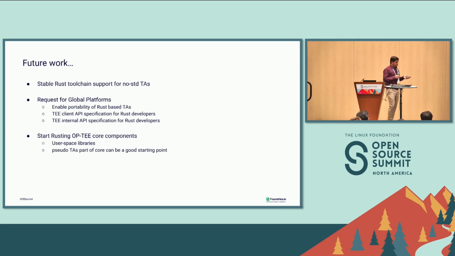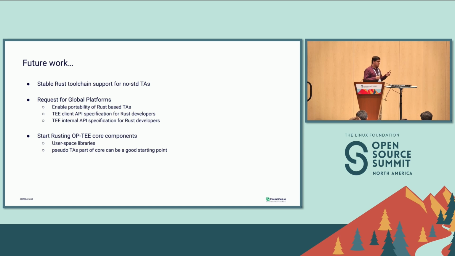Now, first of all, we have the future work, and there is a lot to do on the Rust side with OP-TEE. We have just started, I would say. First of all, there should be stable toolchain support for trusted applications.